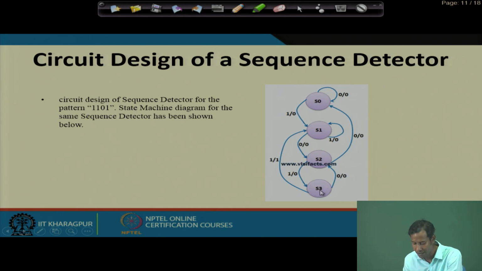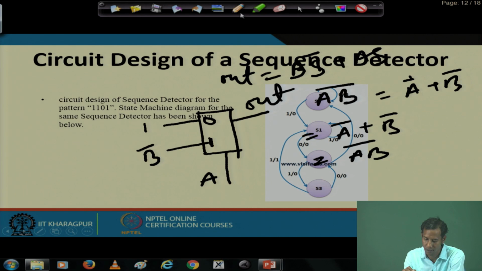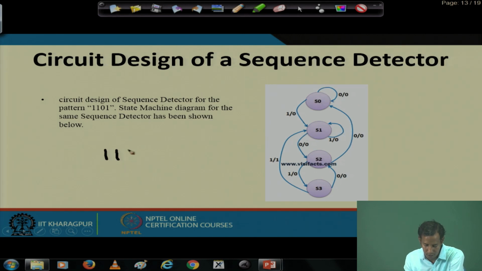Now in S3, if it gets 1, it goes back to S1, because the last bit is already a 1 and we have to select 1 1 0 1 again. For example, with 1 1 0 1 1, it initially starts with this, and if it is not matching, it considers the next bit, and the next bit.